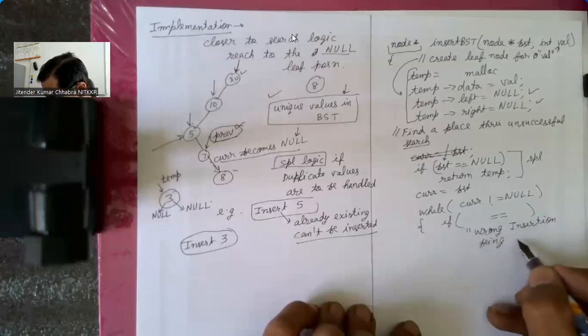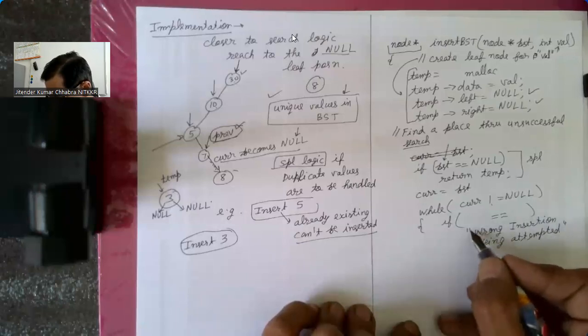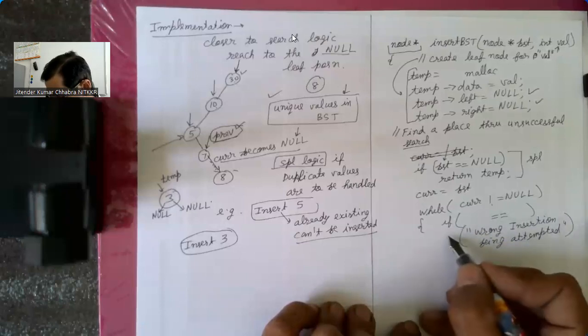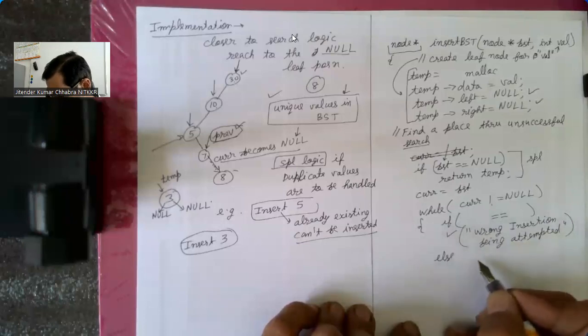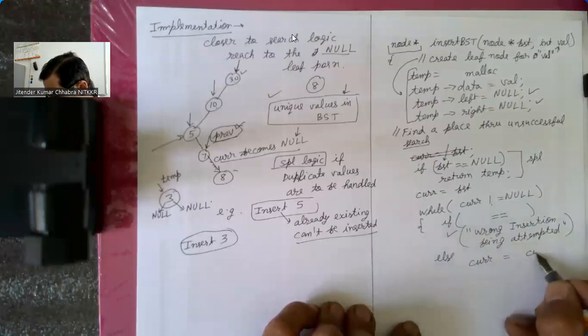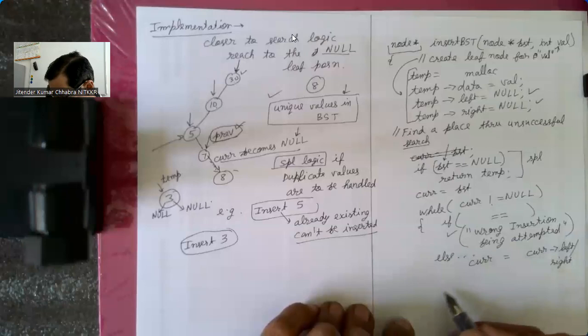You can give a message, and if you want to return something special, say return null, or whatever you want to handle that situation. Else, your current will keep on changing. Current will go to current arrow left, or to the right, as per the data available. The same logic which we have already written.